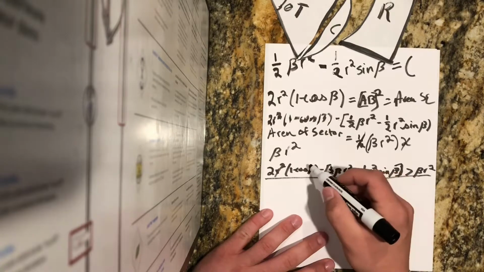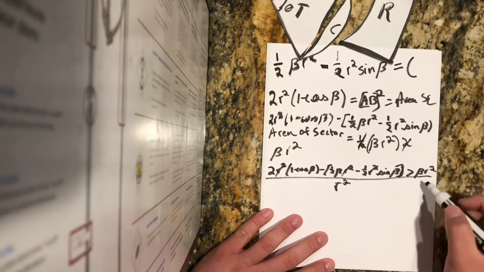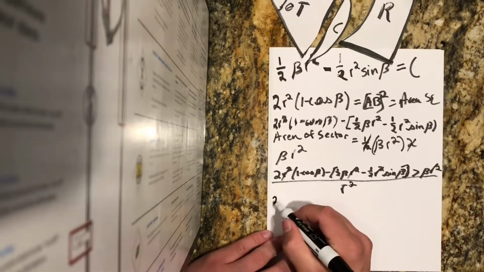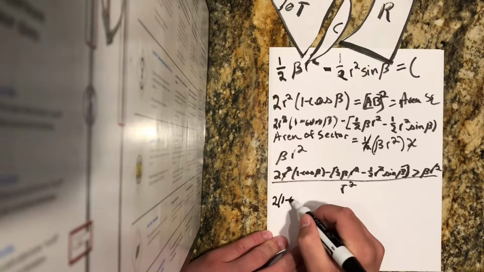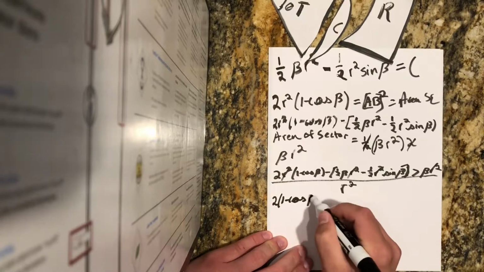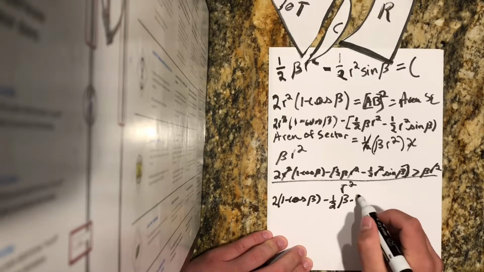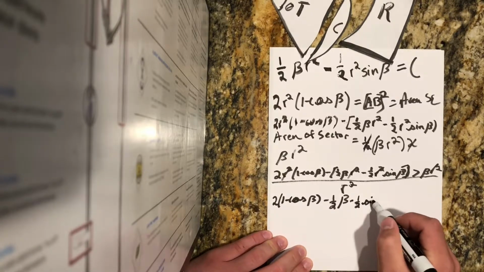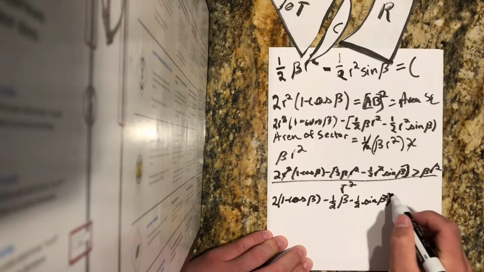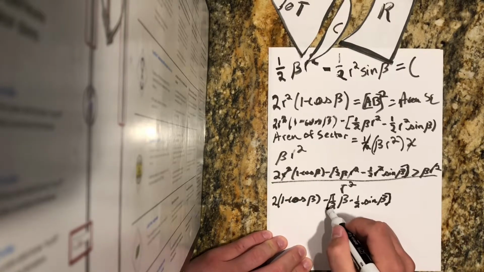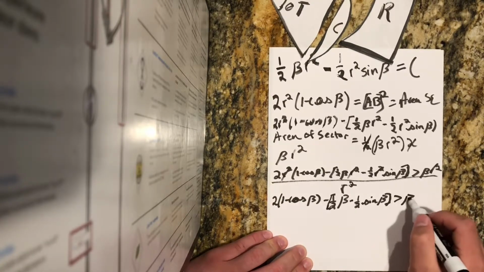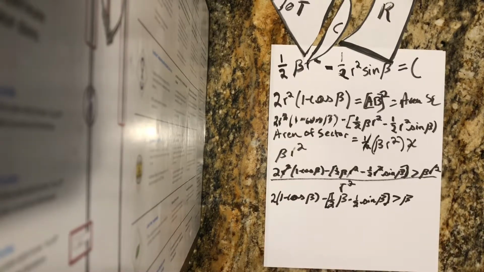So now we have 1 minus cosine beta minus 1/2 beta minus 1/2 sine beta is greater than beta.